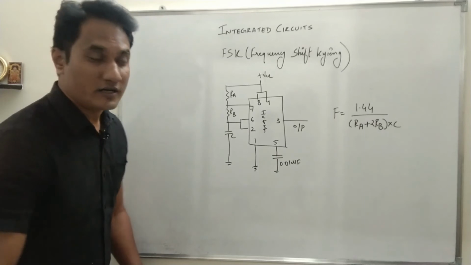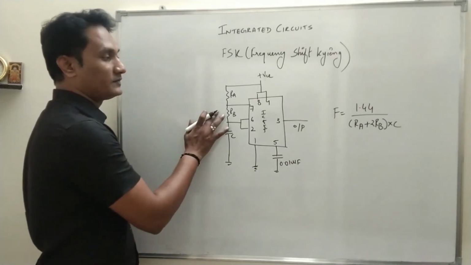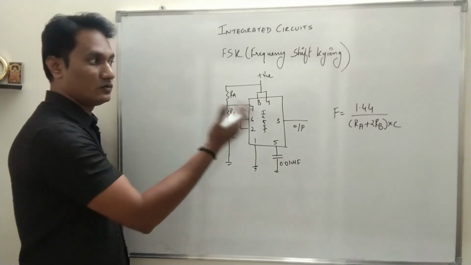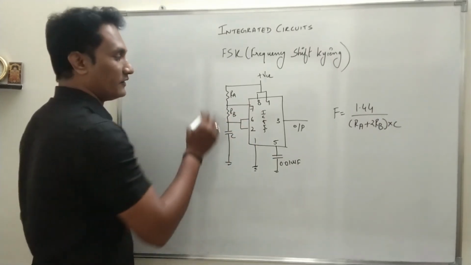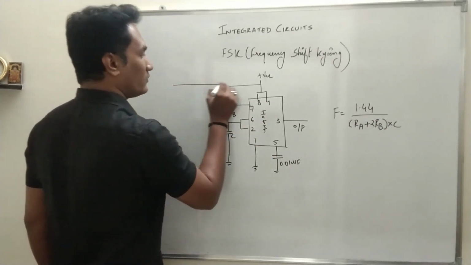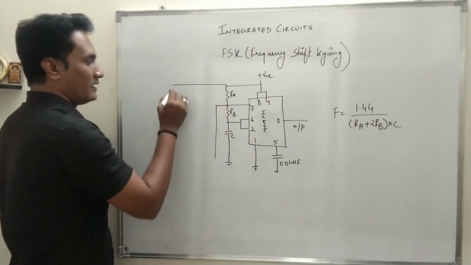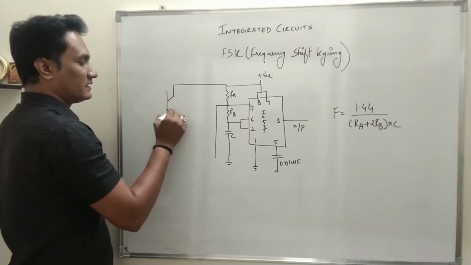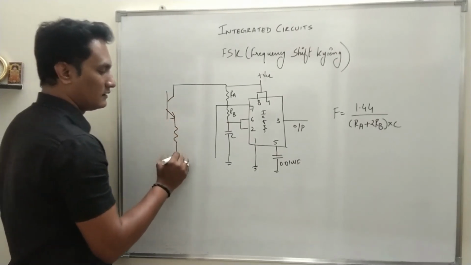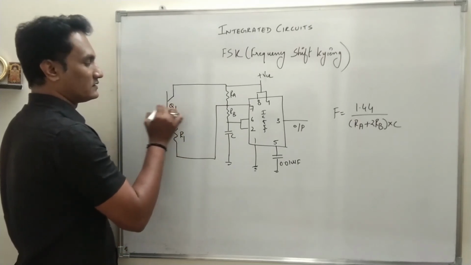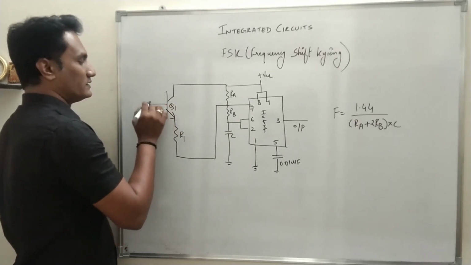See the modification which I am going to do in this circuit so that it converts a digital signal into an alternating frequency. I will connect a transistor and a resistance between RA. Say the resistance is R1, the transistor is Q1, and this is the input.